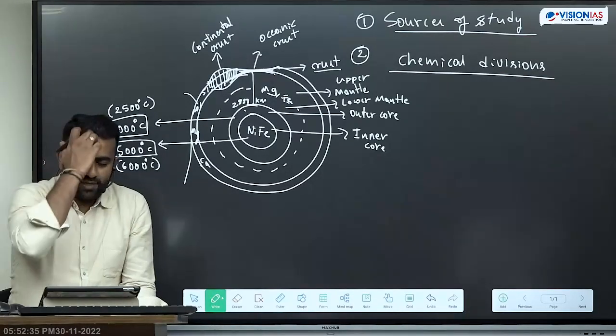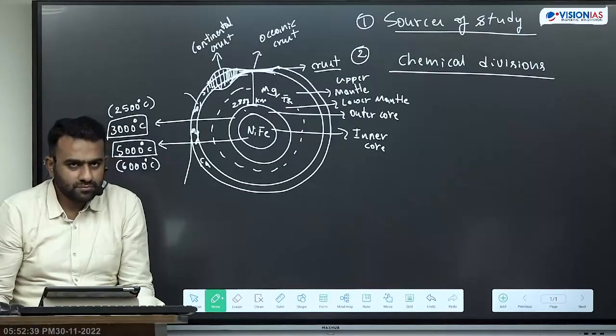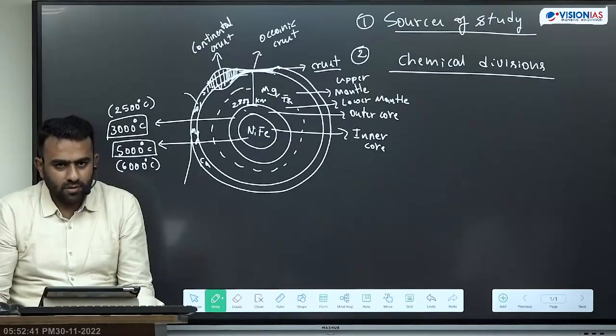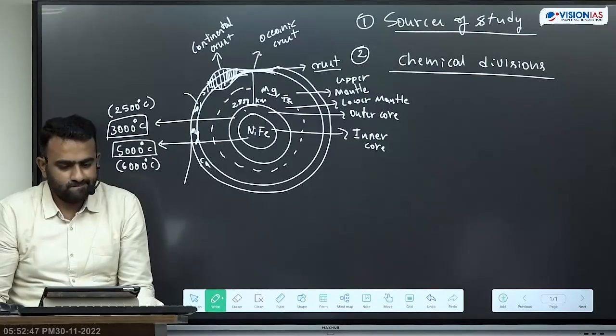Next point. It extends up to a depth of 2,888 kilometers.